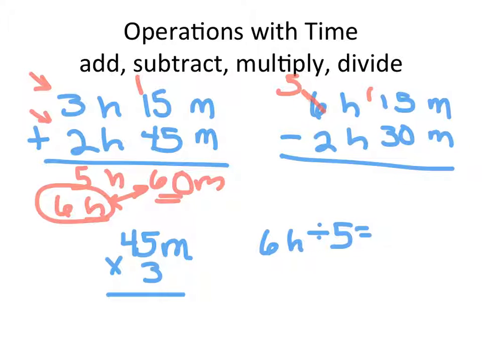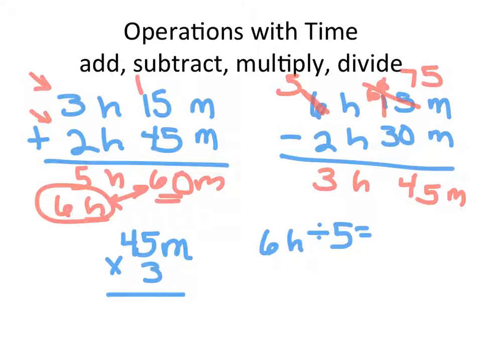That hour that I've taken here is 60 minutes. So I need to be thinking 60 minutes plus the 15 minutes I already have is 75 minutes. And if I take away 30 minutes from that, I have 3 hours and 45 minutes. So pointing out these non-standard measures and making sure students know how to convert them is important.